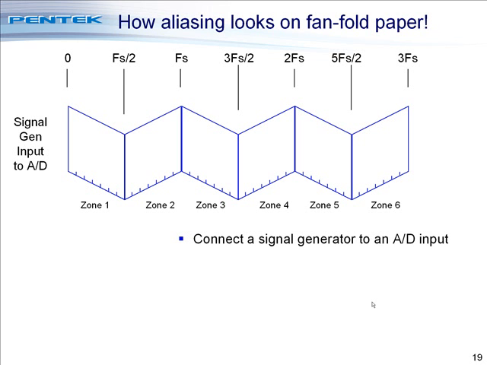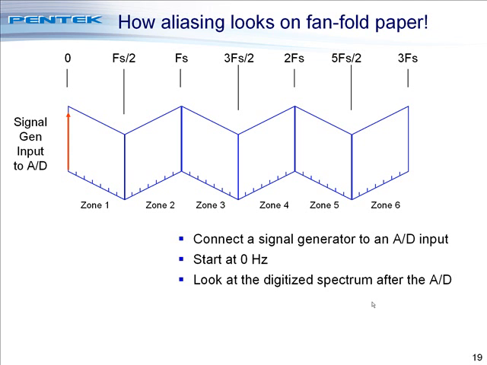And we're going to start off with the signal generator at 0 Hertz. That's represented by a red line over there on the left of our plot. Now we're going to look at the digitized spectrum after the A to D converter, after the aliasing and after the folding of all of these zones down onto one sheet between 0 and fs over 2.